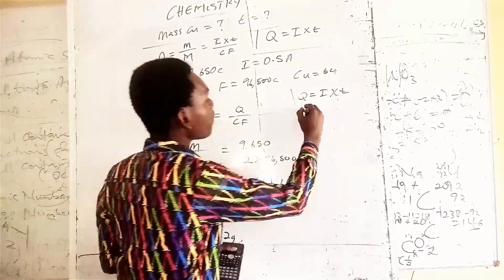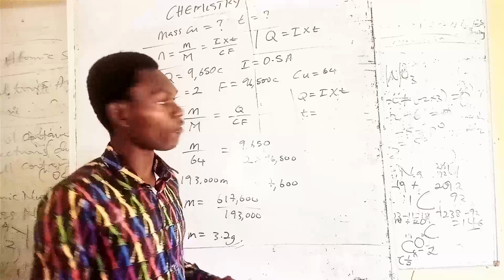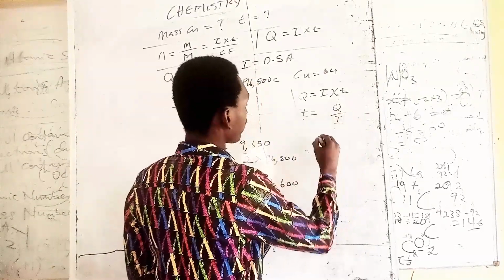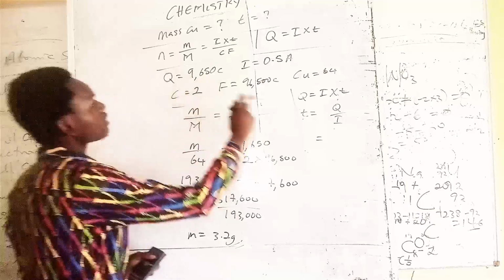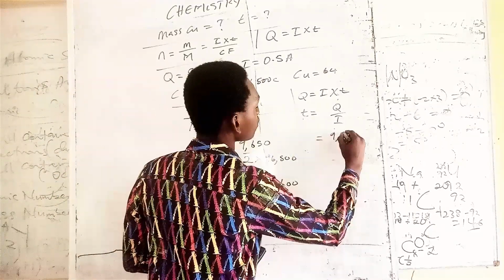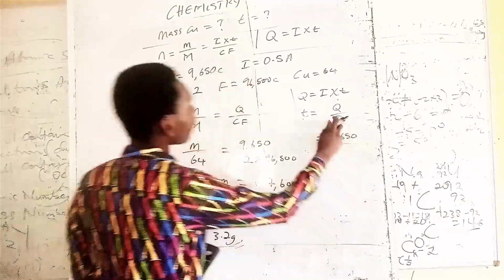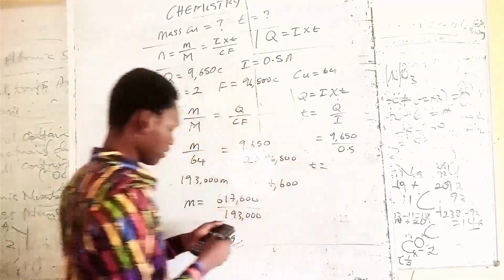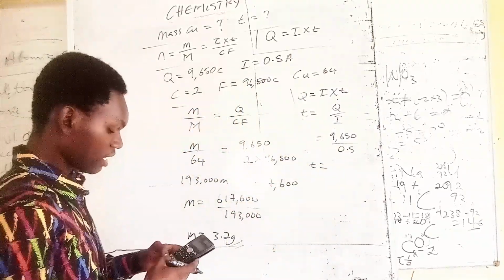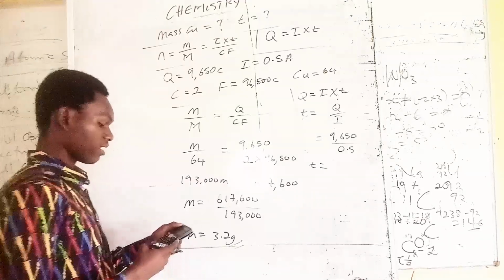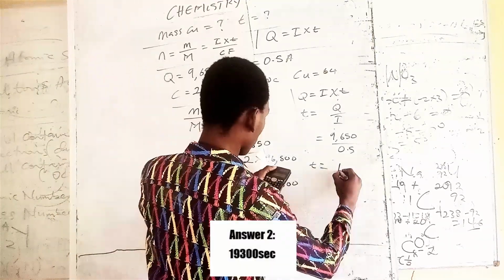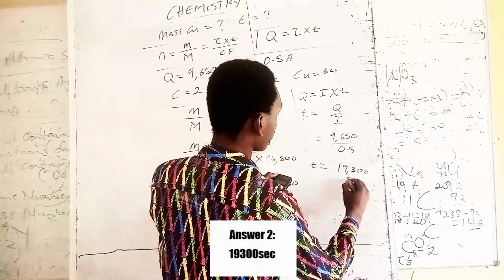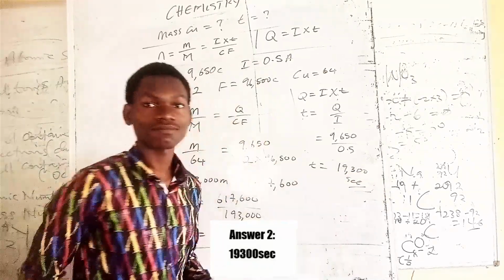If we make time the subject of the formula, it is going to be Q all over the current, which is 9,650 all over the current, which is 0.5. If we simplify that, 9,650 divided by 0.5, our answer is going to be 19,300 seconds.